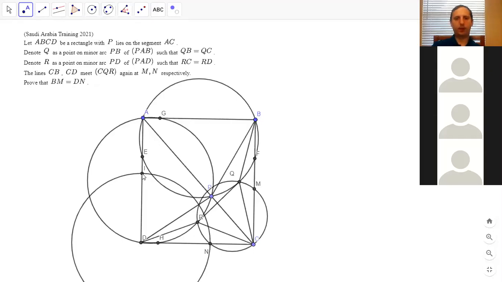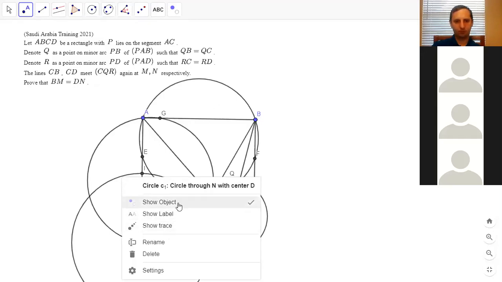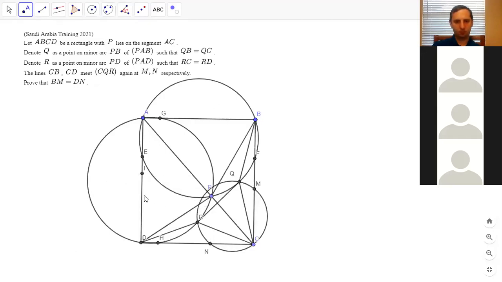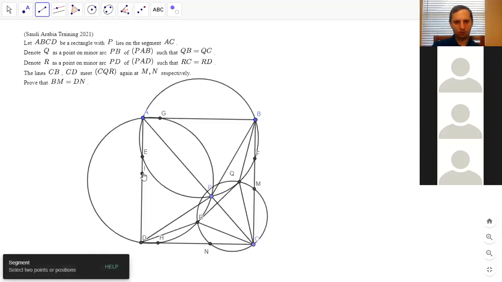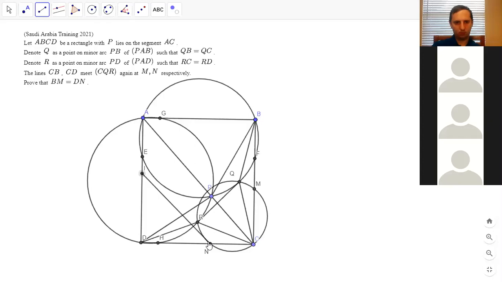So basically, I want to show AI is equal to CM. So I could show AICM as a parallelogram.